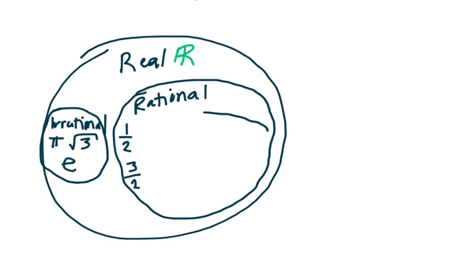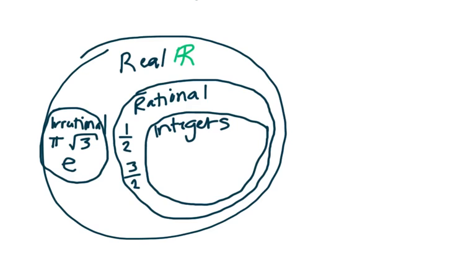Within rational numbers, we also have another set of numbers, and that's going to be your integers. Integers are going to be any of your negatives or positives. So we've got the set of, for instance, -1, 0, 1, 2, all of the integers that are possible there.